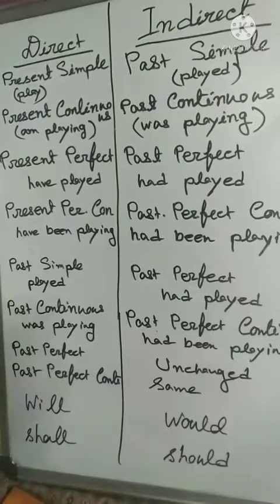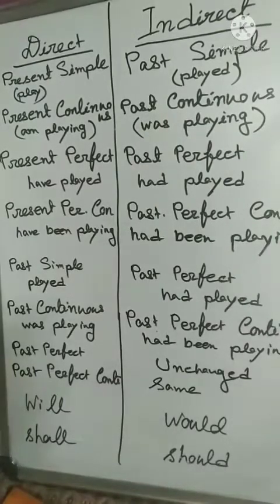Us will be them. Our will be their. His, her and its stay the same. So that is some example of how to change in indirect speech.